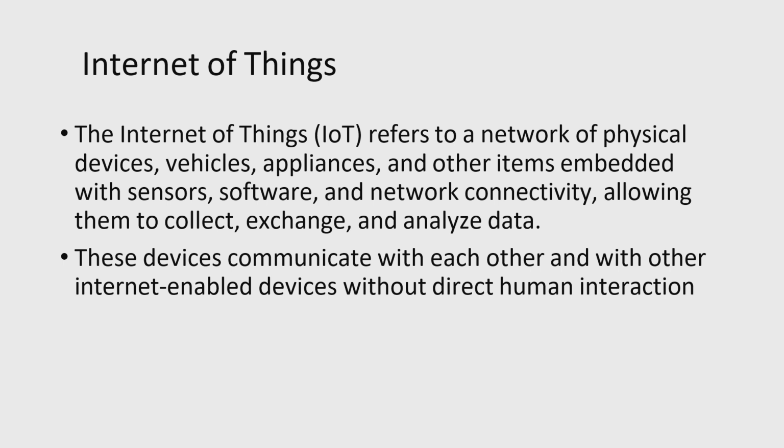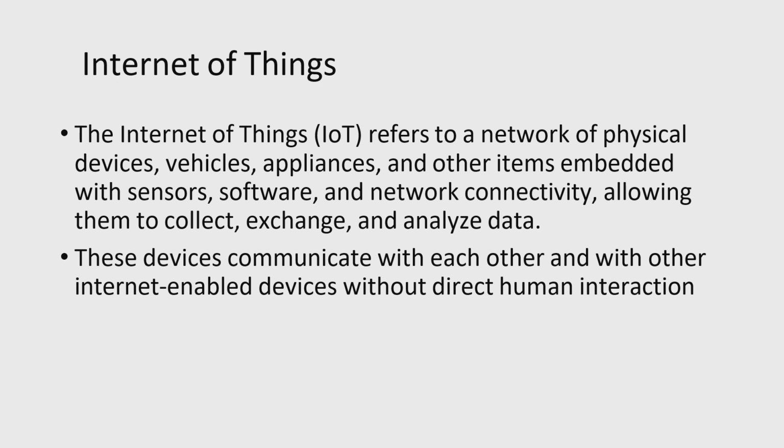Just like various web pages are connected to each other, here many devices are connected to each other. One truck and another truck are going, but the driver of one truck knows the location of the other truck. They are connected by some network. That type of thing can be called Internet of Things.